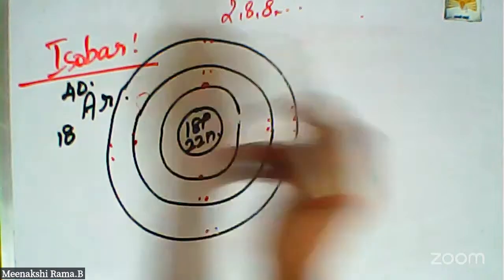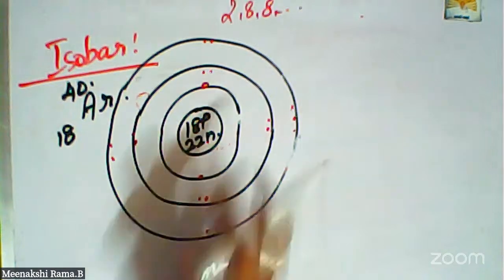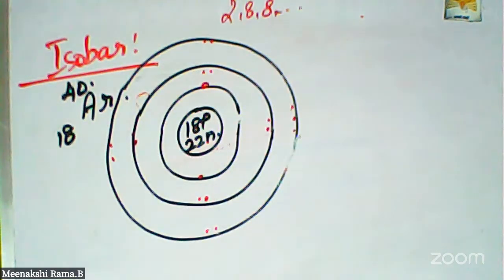So the total number of electrons around the nucleus is 18. The number of protons and electrons is always the same, so the proton number is 18 and the electron number is also 18. This is the structure of argon, the first example of an isobar.